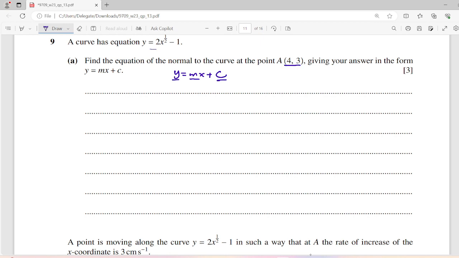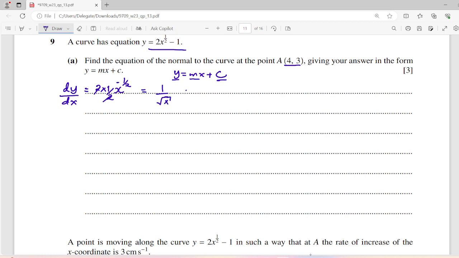When it comes to a curve, we differentiate, and remember how we differentiate dy dx: we drop the power and reduce the power by 1. The constant becomes 0, meaning my dy dx is basically 1 out of root of x.